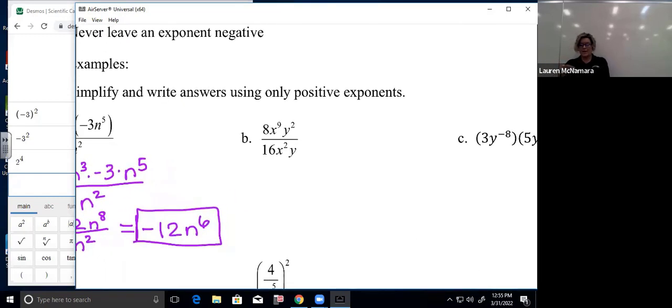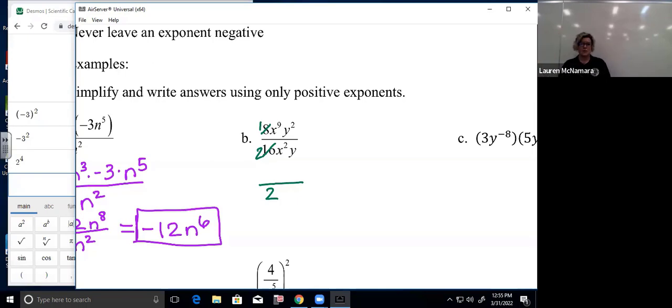Well, first of all, I have my numbers, right? So I know 8 goes into itself once, goes into 16 2 times. I know I'm going to have a fraction where my denominator is going to have a 2 in it. I'm not going to worry about writing that 1 yet because I'm going to see if there's anything else left in that numerator. Where's my highest exponent of x?